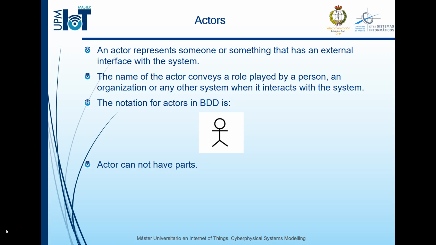Because maybe most of you consider that an actor could be people or some person that can interact with the system. So an actor for us, in terms of systems, could be someone or something that has an external interface with our system.